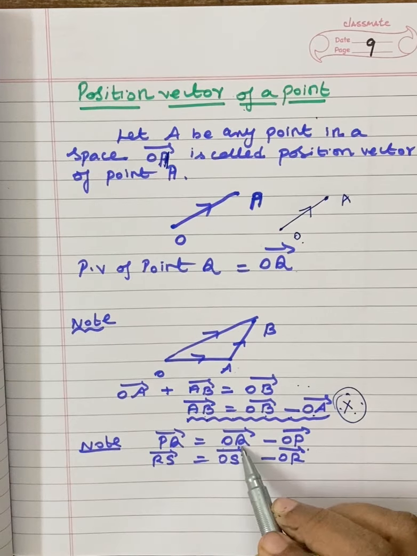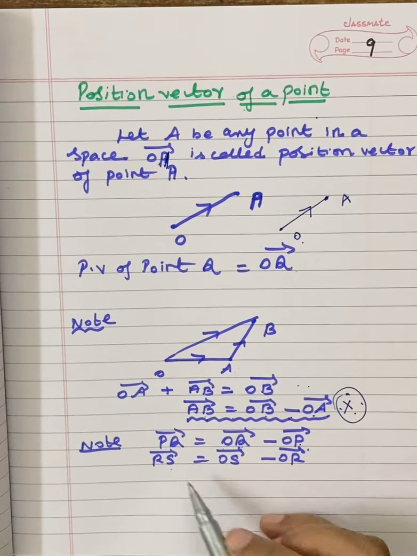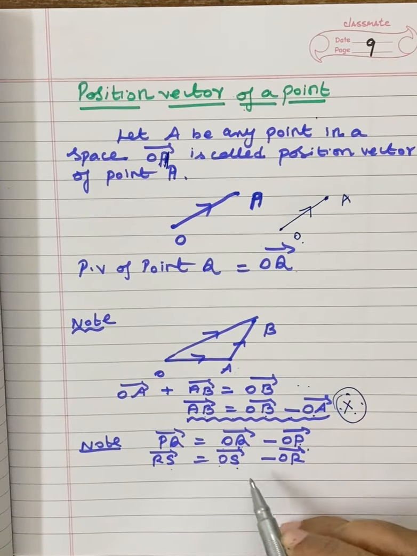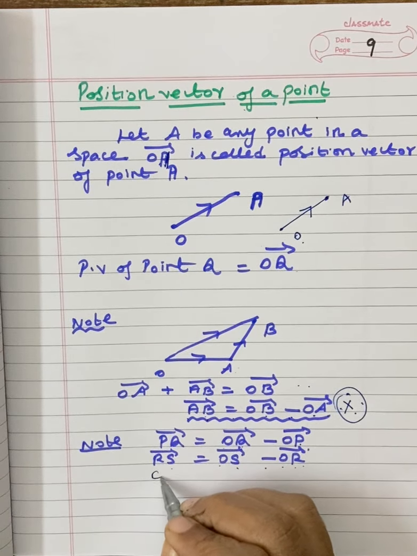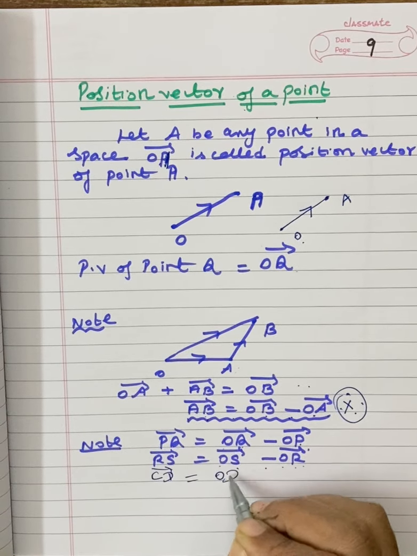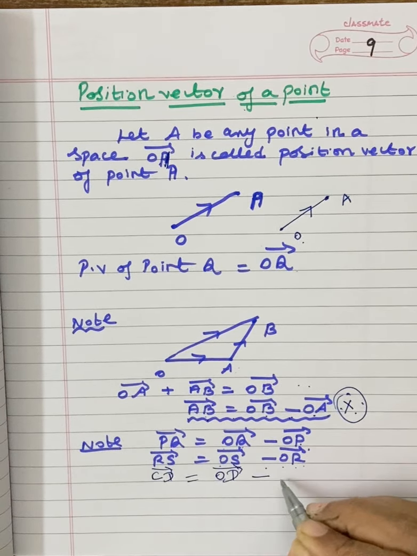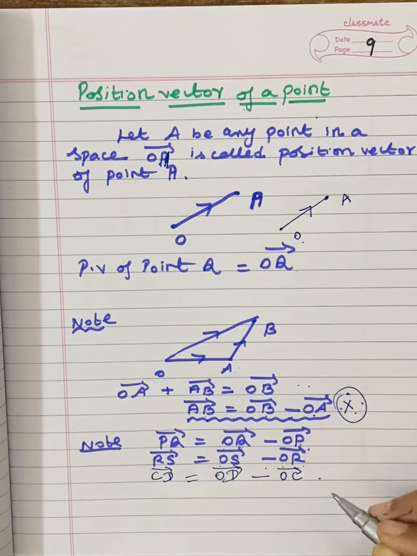Position vector of Q minus position vector of P. What is RS vector? Position vector of S minus position vector of R. Can we say this? CD vector, OD vector minus OC vector. Now we'll do few problems in the exercise and example. Thank you.